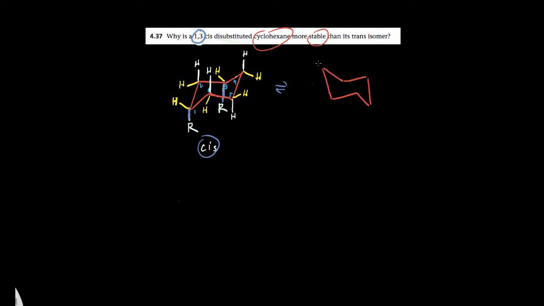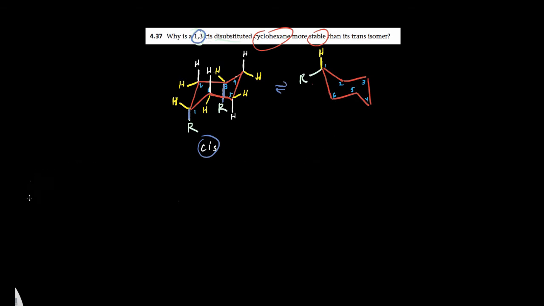Carbon 1 we flipped up so that now the hydrogen is in the axial position and the R group is in the equatorial position. So there's our R group at carbon 1. And now I'll just number these around the ring again. 1, 2, 3, 4, 5, and 6.